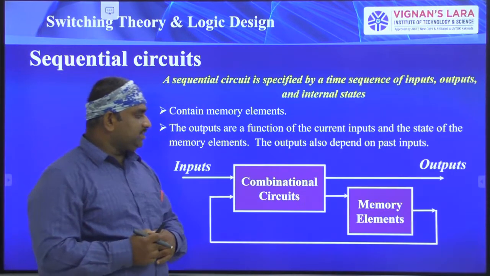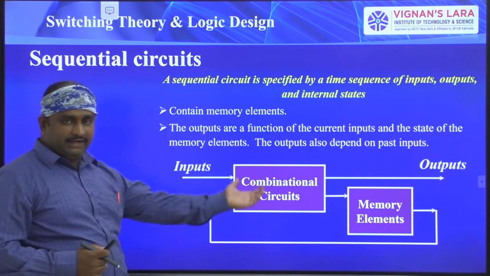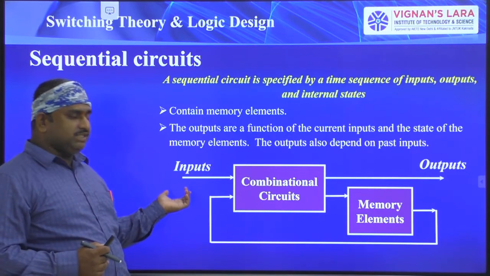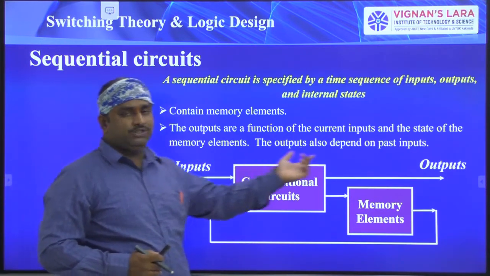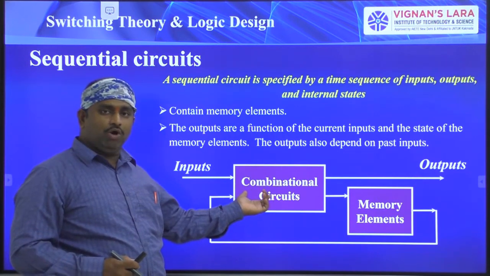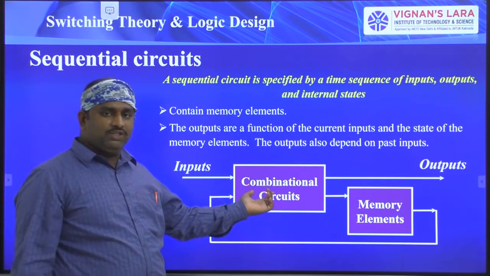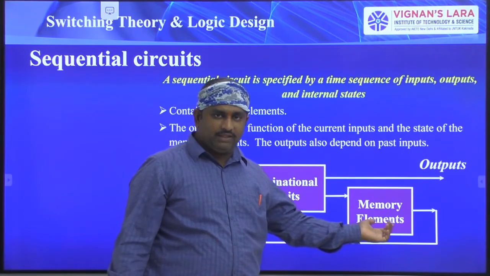The structure we will see here. This is a sequential circuit example. The entire circuit we are calling a sequential circuit. It has inputs and outputs. Internally it has a combinational logic circuit. The output of this combinational logic circuit is stored in the memory.